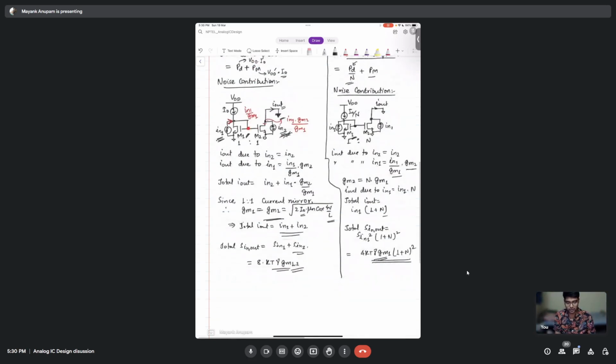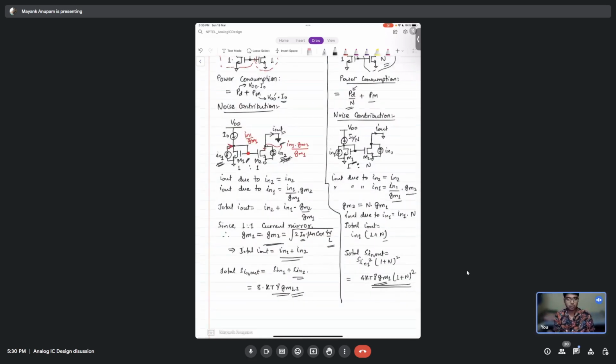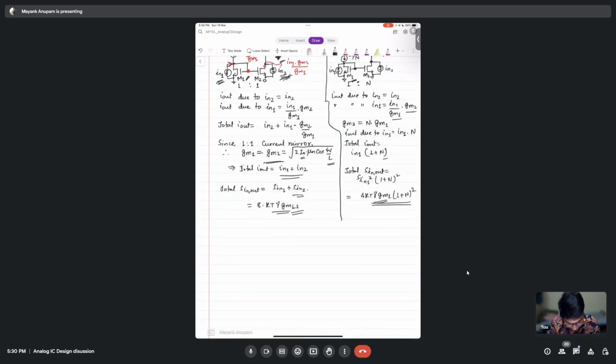So between the two cases, the m1 gm is different or not? That is what I am trying to understand. Sir, no, sir. It should be same. How come? No. It's different. The second one, GM will be N times lesser than the first one. Yes, sir.